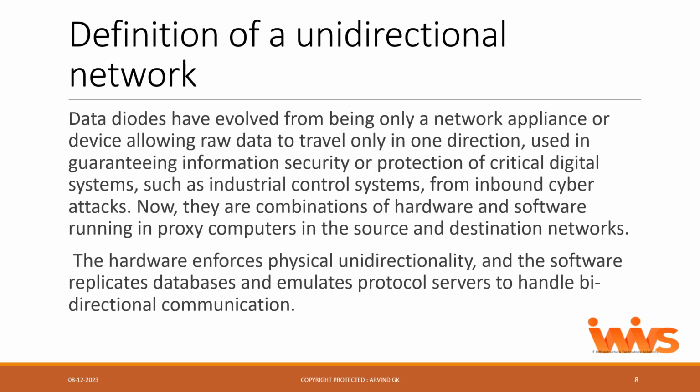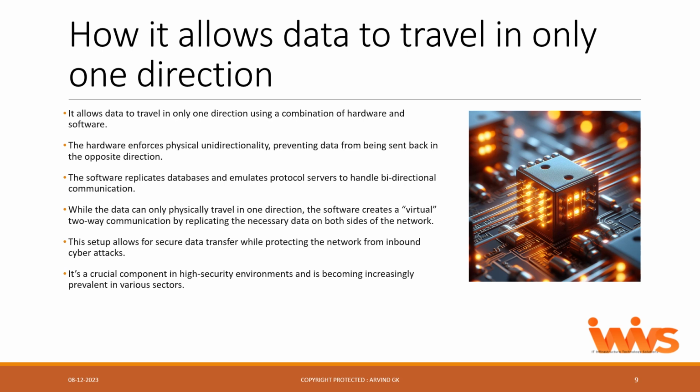You'll be wondering how, where, and when this works. How does the data travel? How does it allow it? If the data is coming from this area, it will go through, but the return is not allowed.